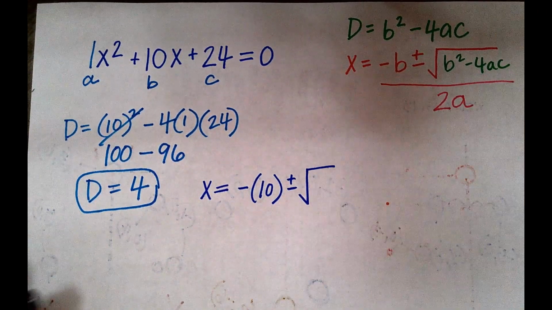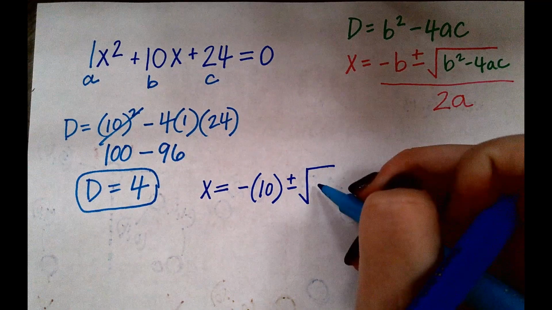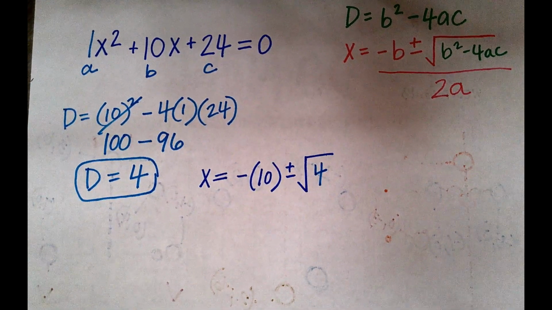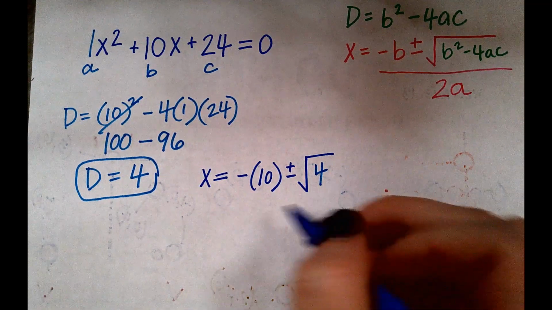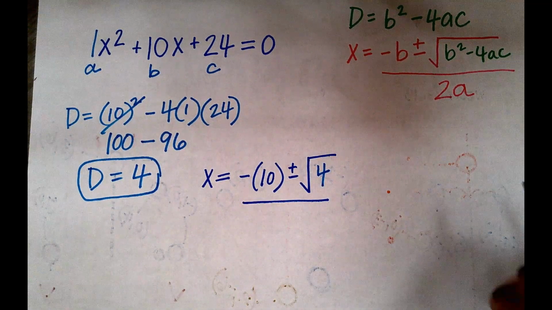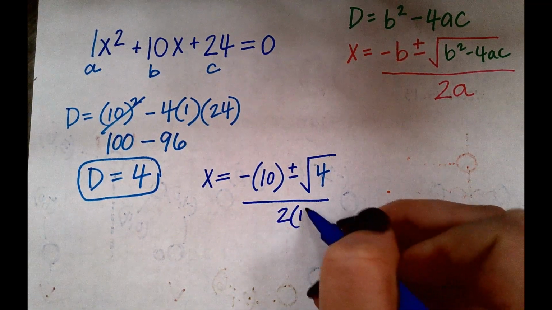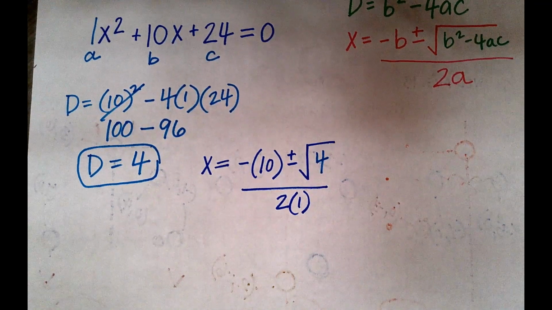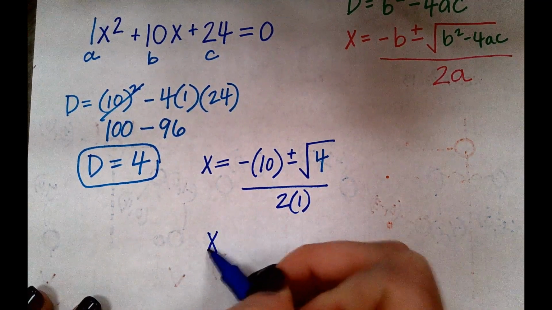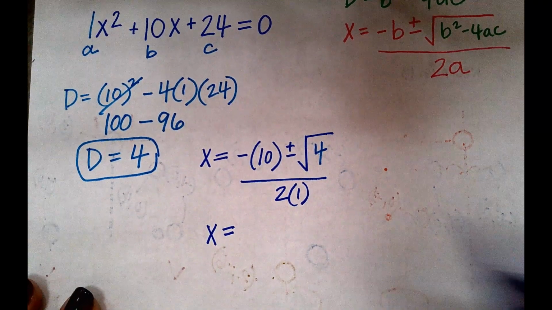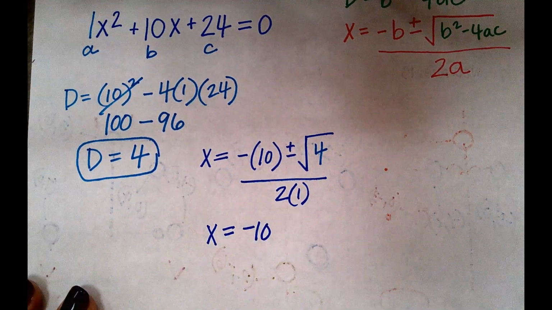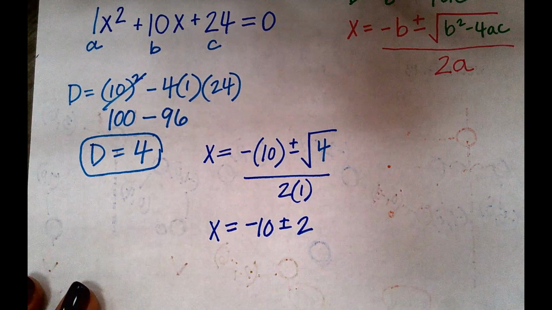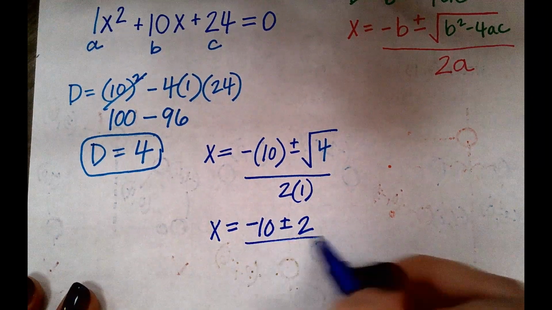I could have just written 2, but I'm going to write the square root of 4 so I don't do too many things at once. All that over 2 times 1. Okay. And then we're going to start simplifying things, right? Yes. So, what's next, Jess? Do the negative 10 plus or minus 2, and all of that over 2.